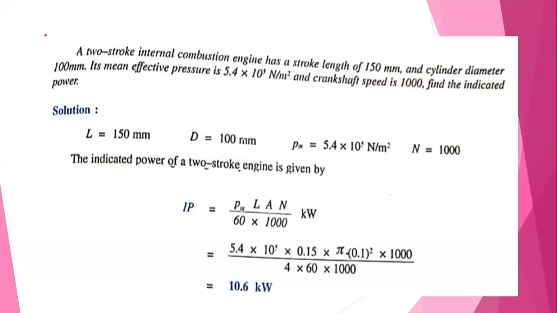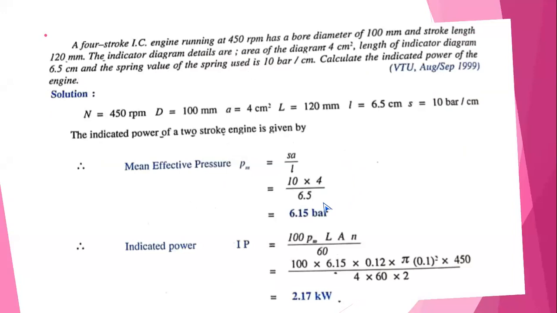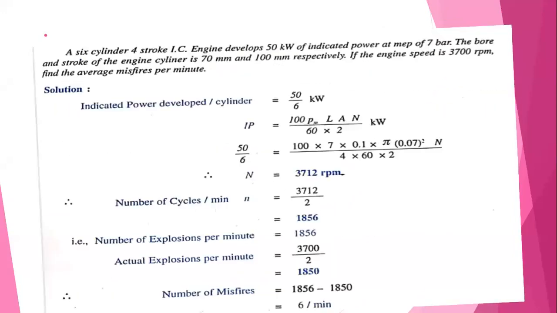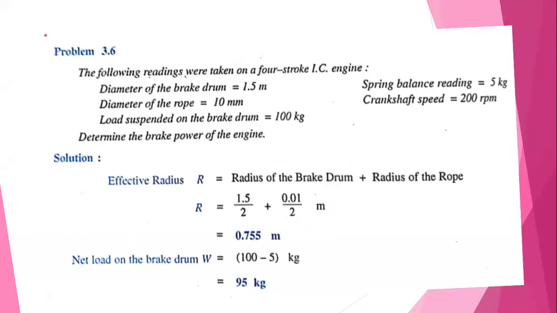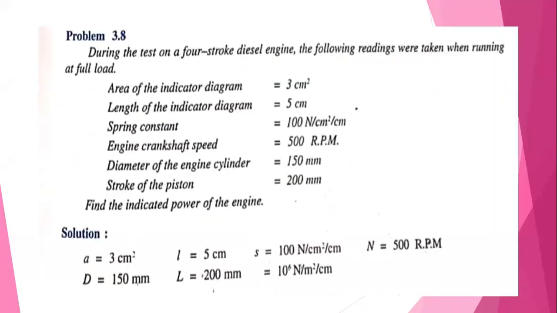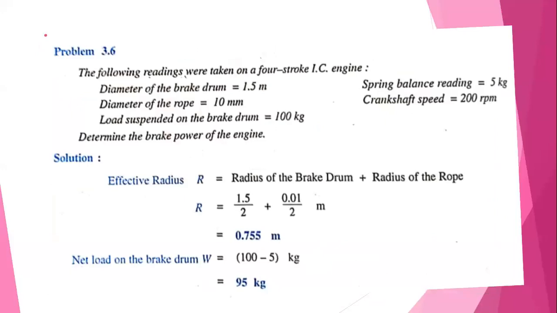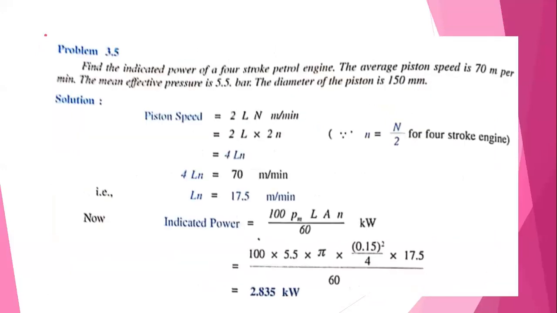This completes the IC engine. Next class, I will start the new chapter, refrigeration and air conditioning. Today, you have studied 3 problems. In my notes, you have more than 10 problems. You can calculate the values: indicated power, brake horsepower, thermal efficiency, torque. In problems of IC engines, everything is direct.